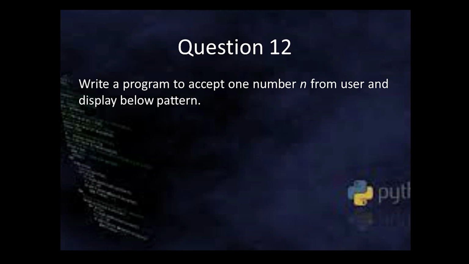Now, the next question is: write a program to accept one number n from the user and display the below pattern. For example, if the input is 5, you have to display a box of stars of 5 by 5 size. Now, this question also you can solve in different ways.